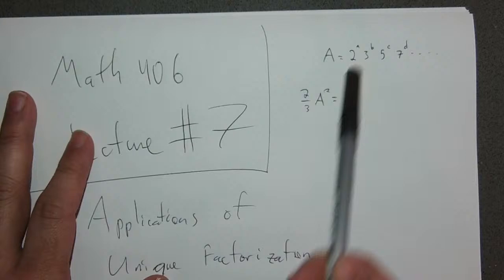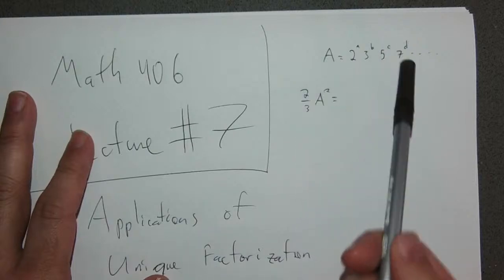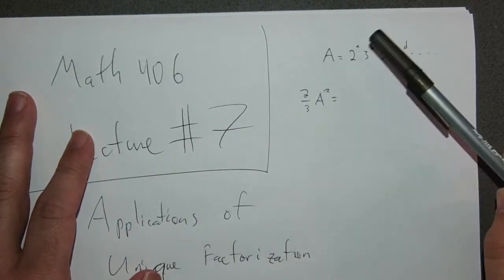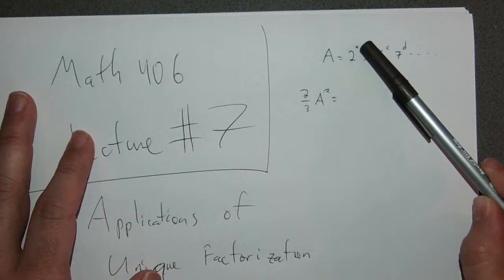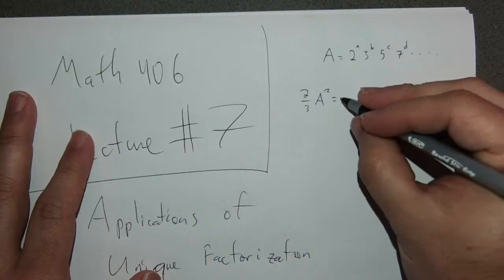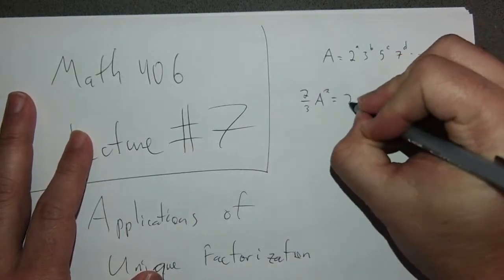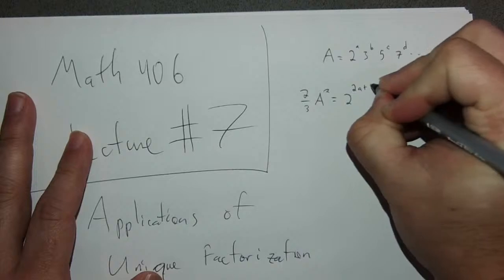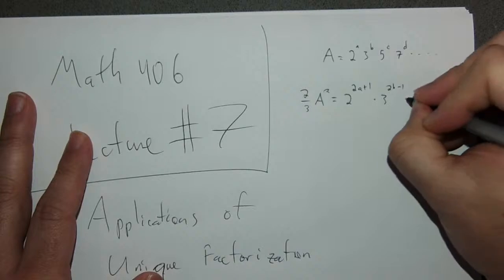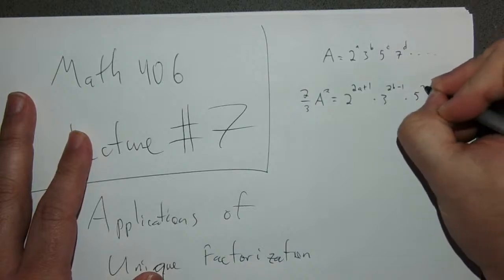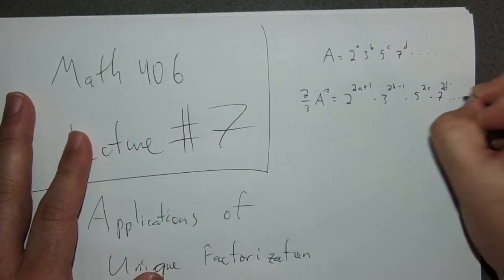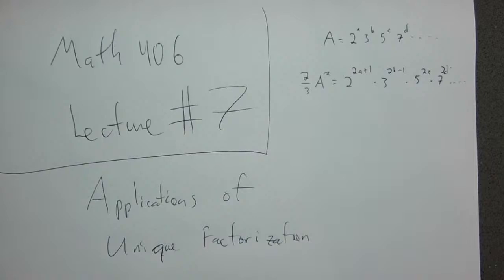So this is 2 to the 2a, 3 to the 2b, 5 to the 2c, and so on. Multiplying by 2, I get an extra copy, so I get an extra plus 1 in the exponent of 2, and I get minus 1 in the exponent of 3. So what I get here is 2 to the 2a plus 1 times 3 to the 2b minus 1 times 5 to the 2c times 7 to the 2d, and so on, right? None of the other exponents change at all.